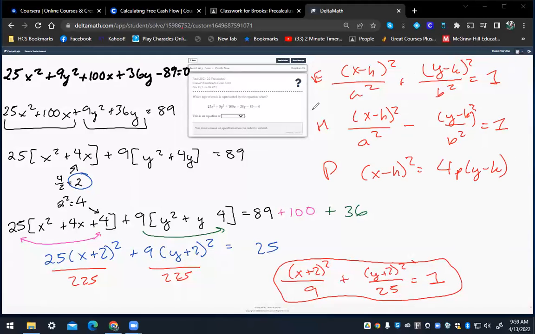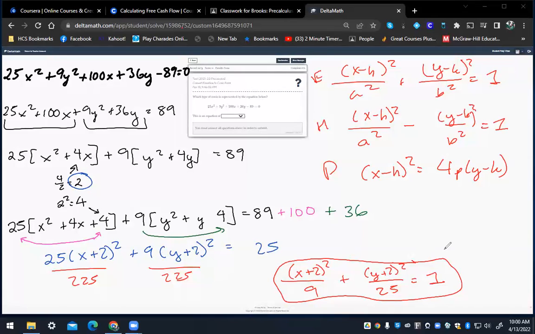So we got ellipses, hyperbolas, and parabolas. Remember, circles are actually ellipses, right? They're just a is equal to a, so it'd be a squared over a squared. Or if you multiplied everything by a squared, you could call it r squared: x minus h squared plus y minus k squared equals r squared. But we knew that to be a circle.